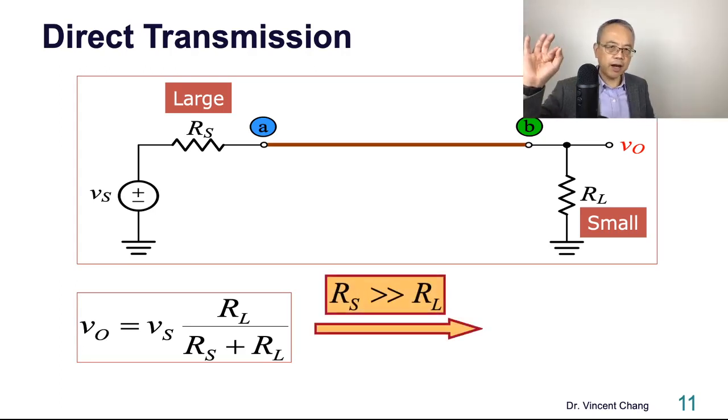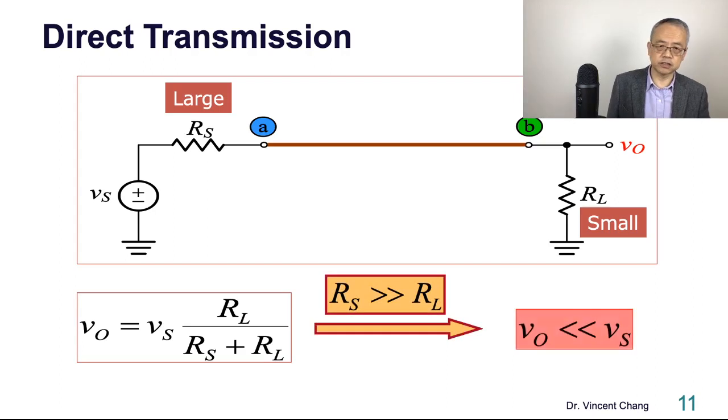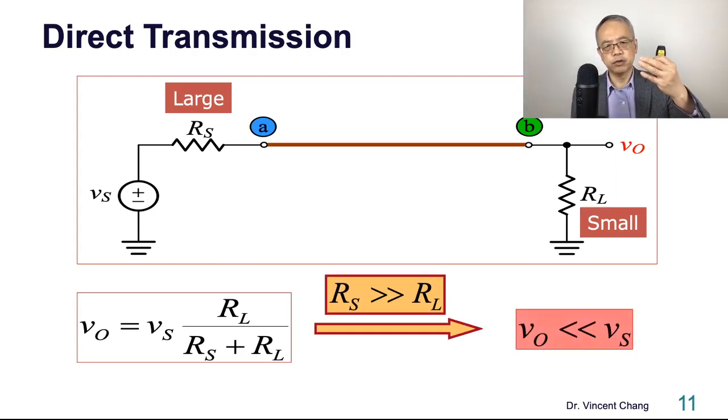When RS is very high and RL is very low, there will be a signal loss during the transmission. A lot of signal strength is going to be eaten up by the source resistance on the left-hand side. VO will be much smaller than VS.